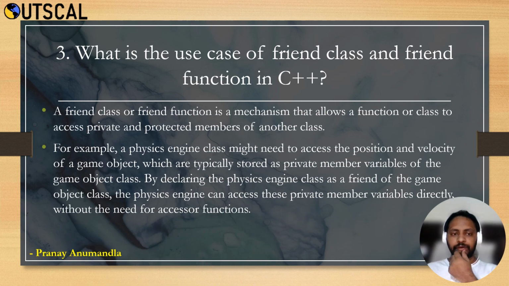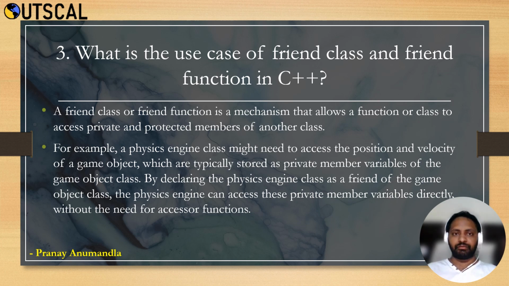Okay. I gave that example. Let's say position and velocity might be private. There is no need to change that randomly from outside by an outsider. So these things need to be private and protected.